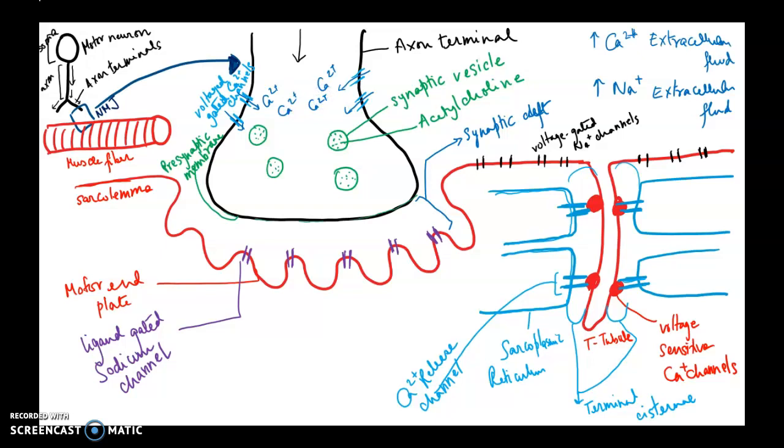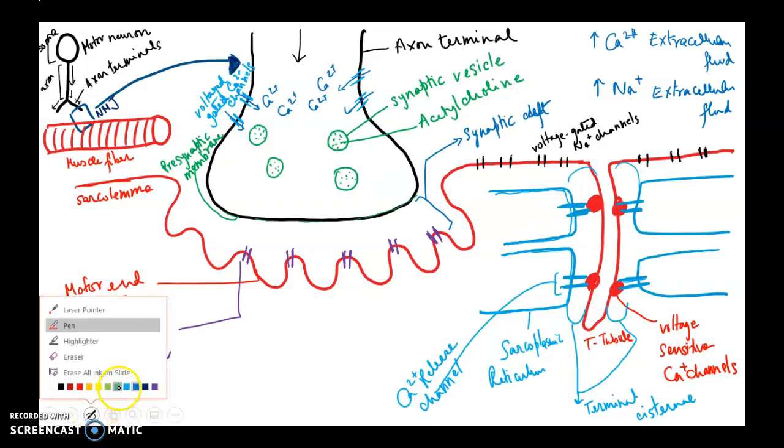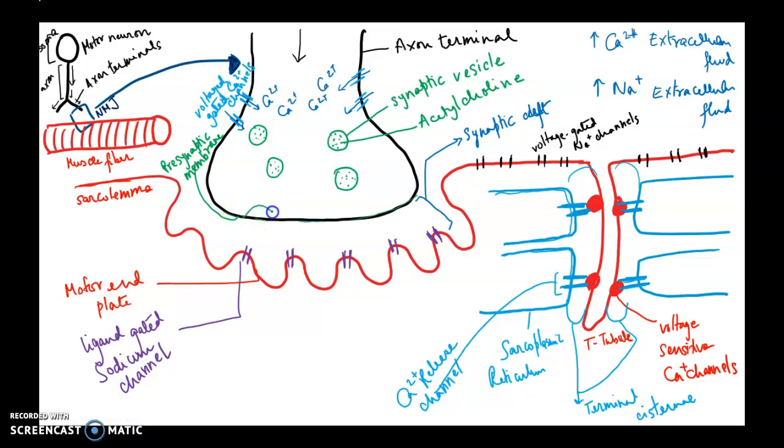Calcium causes the synaptic vesicles to fuse with the presynaptic membrane. So the synaptic vesicles fuse with the presynaptic membrane.